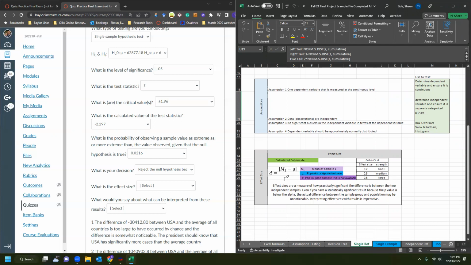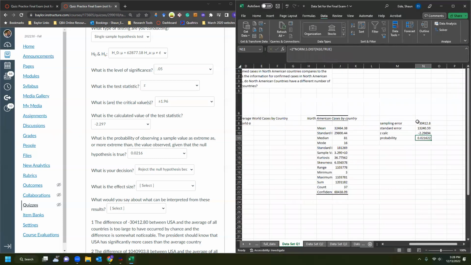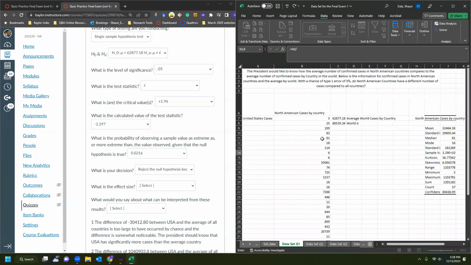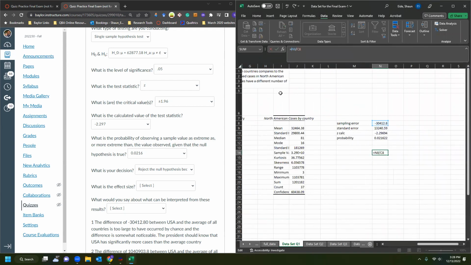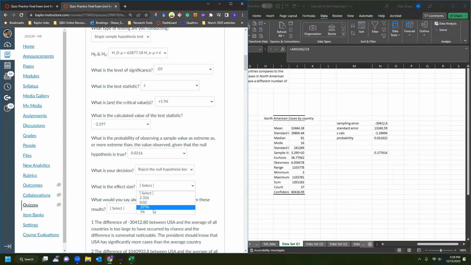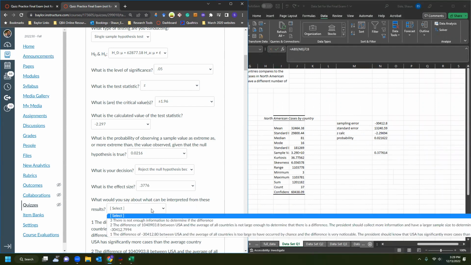So what we're doing is essentially taking the sampling error divided by the standard deviation, and make sure that you do the absolute value. And so that gives us an effect size of 0.37. So 0.3776. And then what would you say about what can be interpreted?